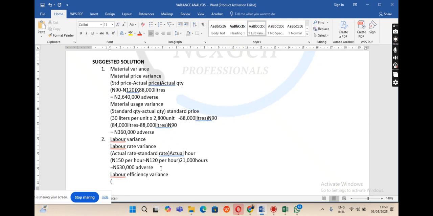So I can say standard hours minus actual hour. Don't forget, any time, any day, efficiency measures hours. Standard hour minus actual hour times what, class? Actual output.